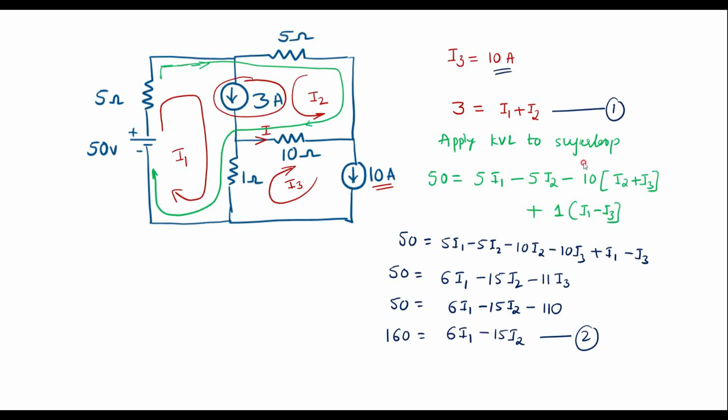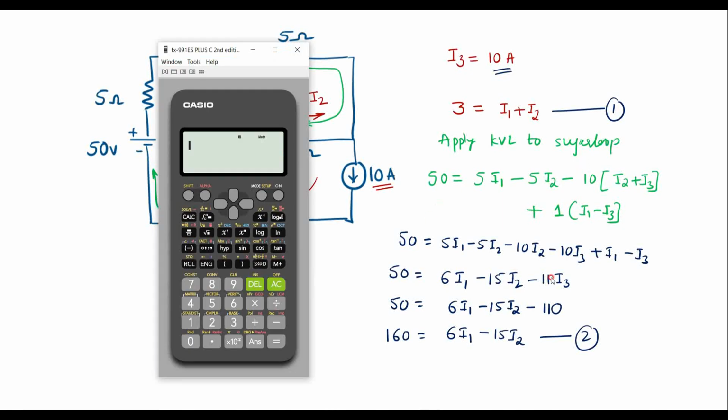Now we need to solve equations 1 and 2. On the calculator, go to the mode, select equation mode, that is the fifth option. Here we have only two variables, so choose the first option.